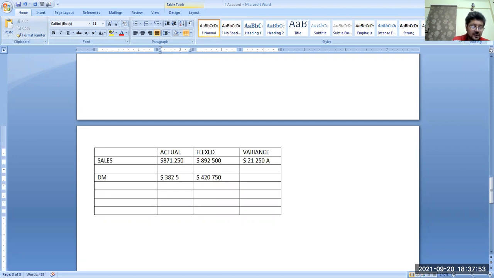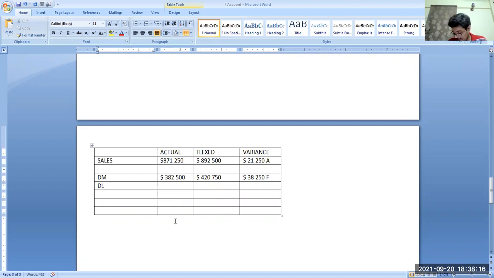So this time variance is favorable. 38,250 favorable variance. Then we write direct labor.